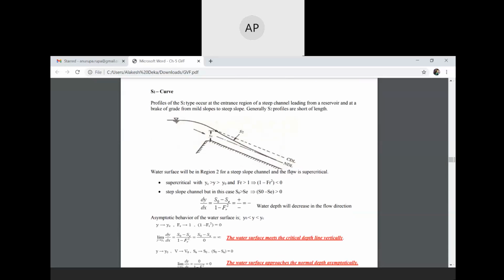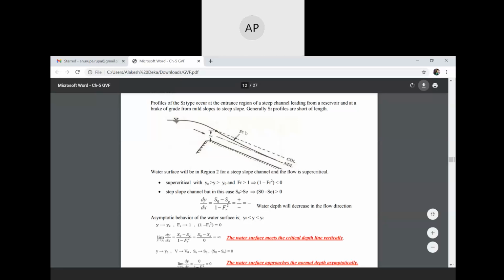Okay, this is the condition of CDL, that means the CDL is above the NDL. The critical depth line is always above the normal depth line. Water surface will be in region 2. That means this is YC, this is the curve of S2 profile.